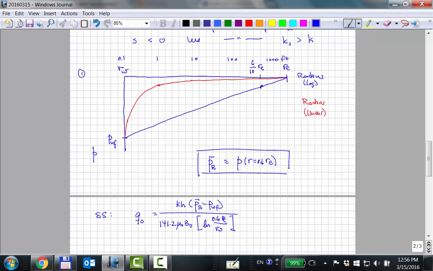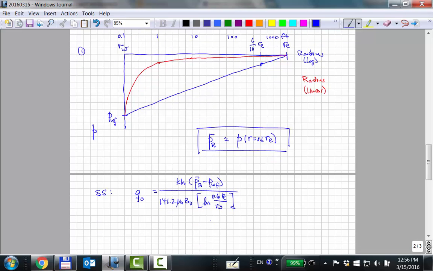And because Muskat and many, many other people have given us methods to estimate the average volumetric pressure, we can use this equation instead. And if you take the log of 0.6, that's pretty close to minus a half, I think. I have to check this. Stuff that I don't do very often. Yeah, minus 0.51. So let's not get picky.